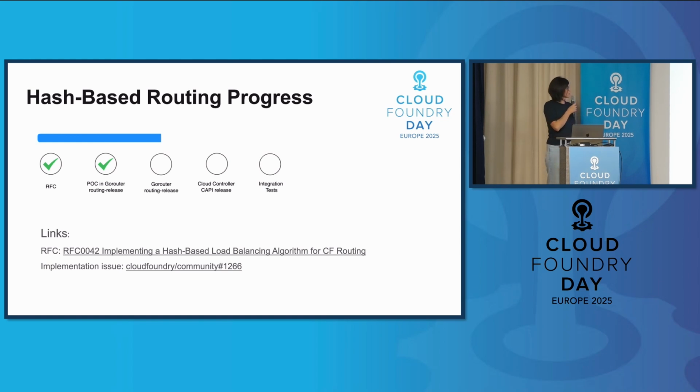Currently, we are in the phase of implementing the new load balancing algorithm in Gorouter and routing release. The next step will be changes in Cloud Controller. If you're interested, you can follow our progress on the implementation issue linked on the slide. Also, the RFC with more information about hash-based routing is linked here.